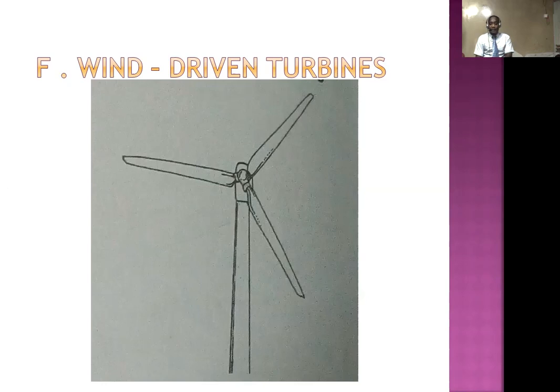To produce electricity, a special structure known as a windmill is constructed. The kinetic power of wind makes the plates or turbines rotate at a high speed, producing electricity. The picture you are seeing is a windmill turbine.